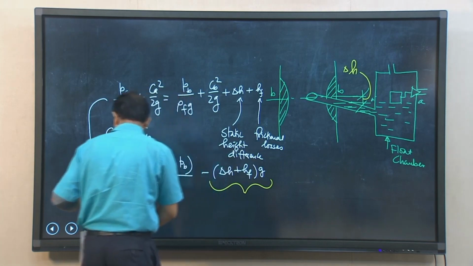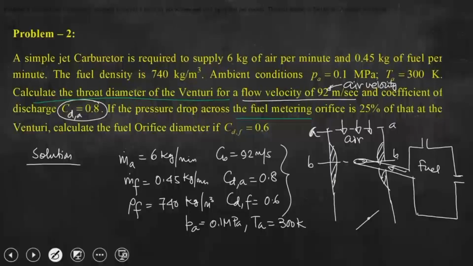And it is given, if we go back to the problem statement, that the pressure drop across the fuel metering orifice is 25% of that at the venturi.